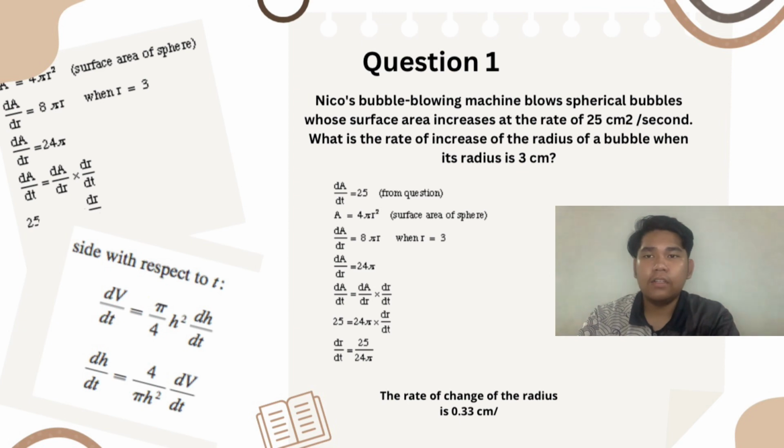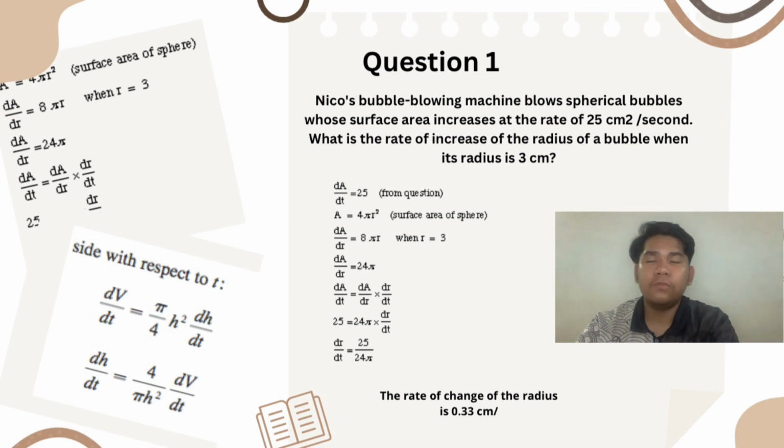The formula is dA/dt equals dA/dr times dr/dt. So we know dA/dt is 25, equal to 24 pi times dr/dt.